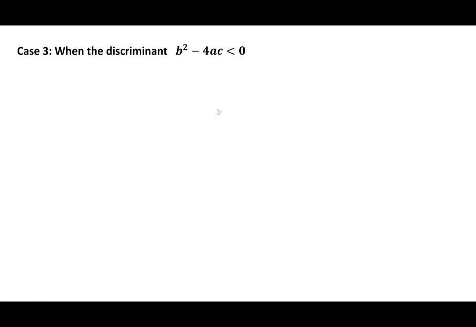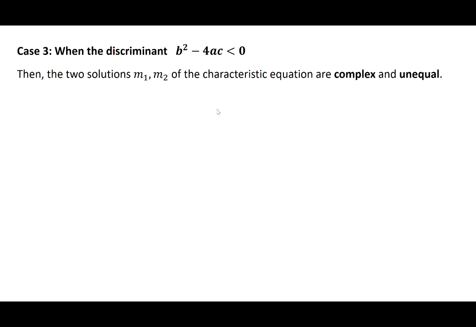That means you have a square root of a negative number. That leads to complex and unequal solutions for the characteristic equation. Let's say those are of the form alpha plus or minus i beta. Yes, they are guaranteed to be complex conjugates.